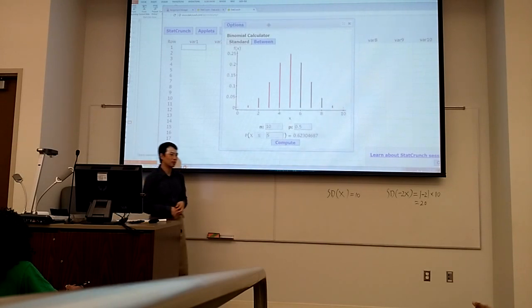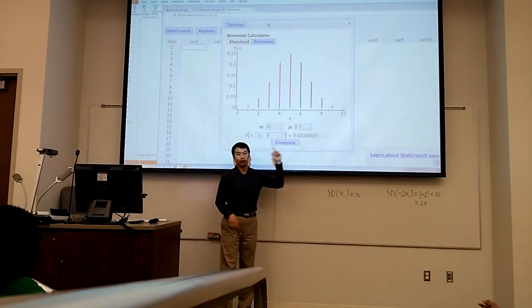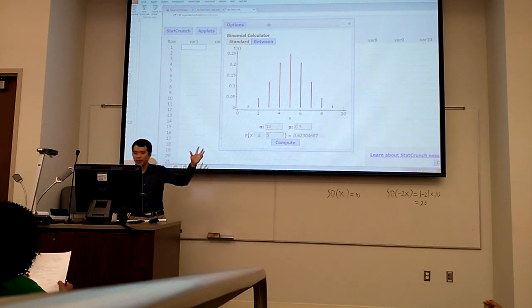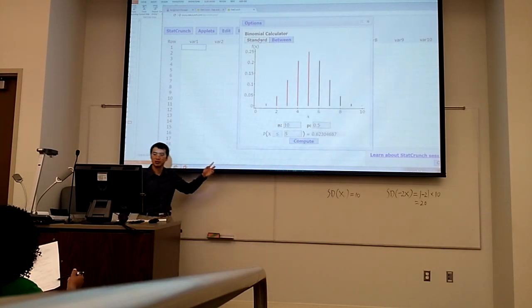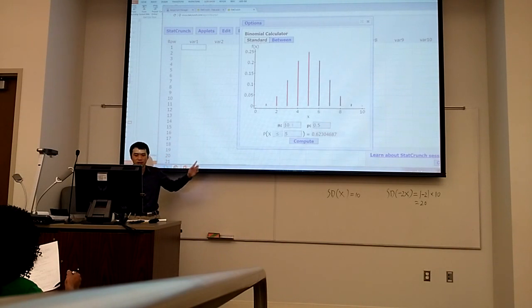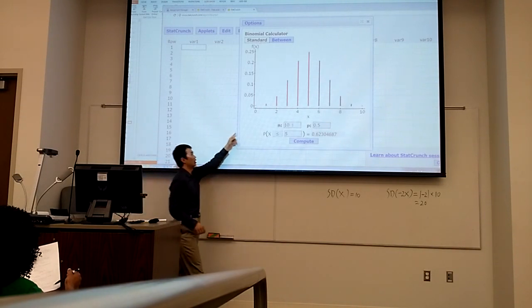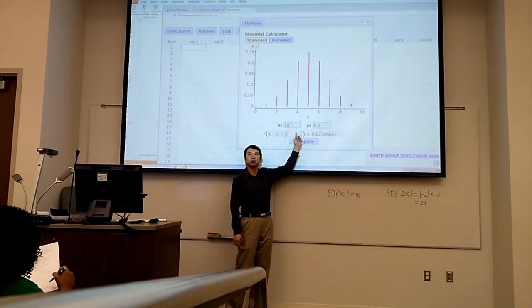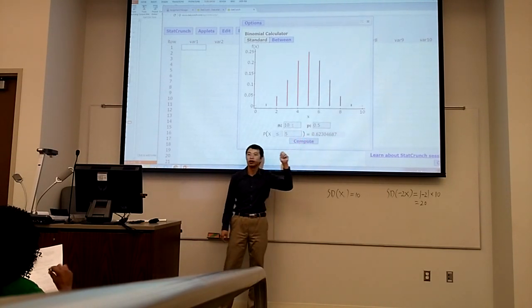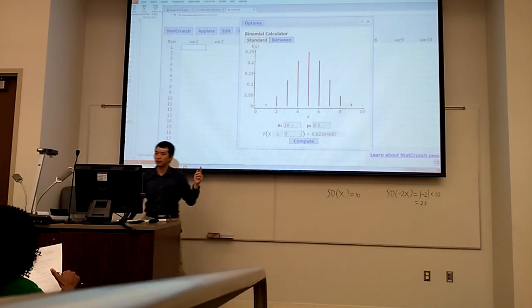Similar to the geometric model calculator, we have a similar interface. Let's focus on the standard one. As you can see, we have two parameters, N and P. Again, N is the total number of trials, and P is the probability of success.